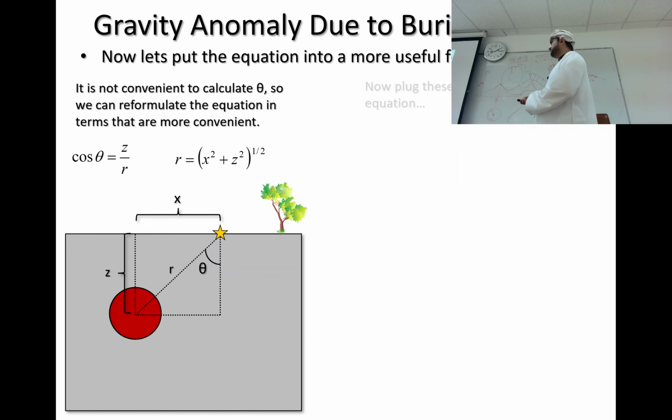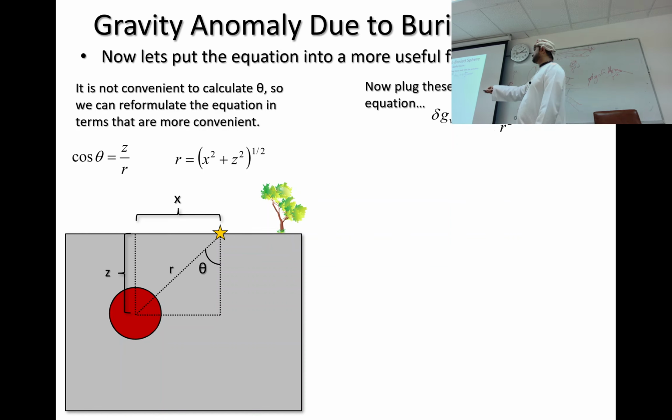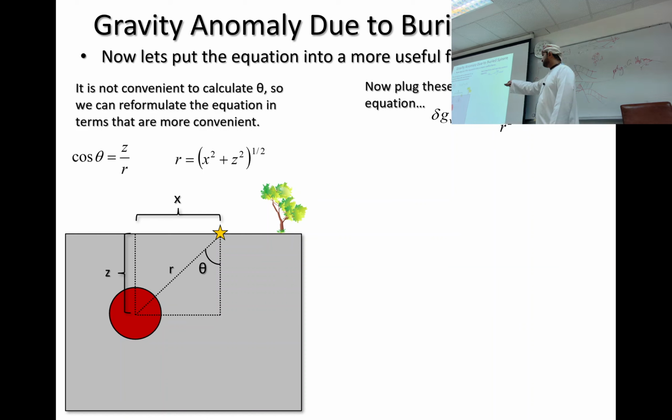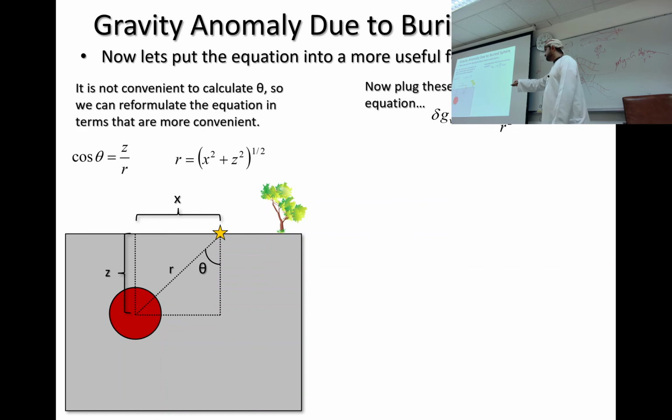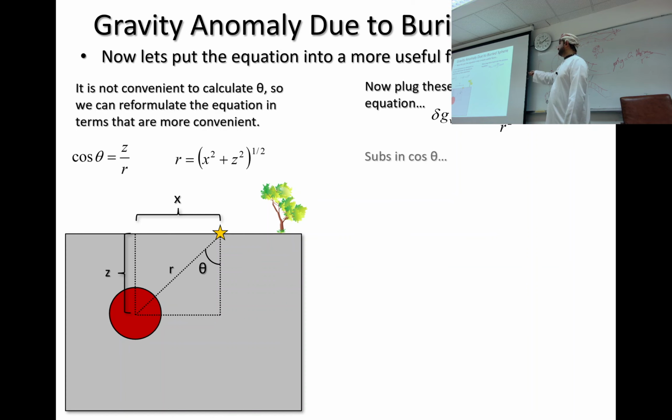First of all, there are two relationships. Cos equals what? In terms of distances, cos equals Z over R. And we know R squared equals X squared plus Z squared. So this is my original equation. First of all, I replace cos theta.